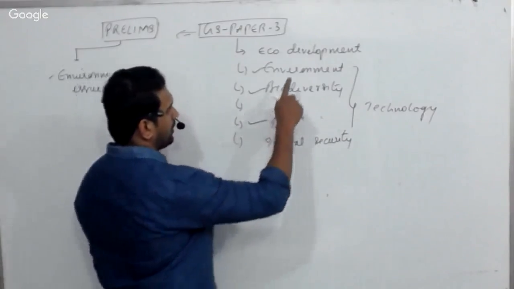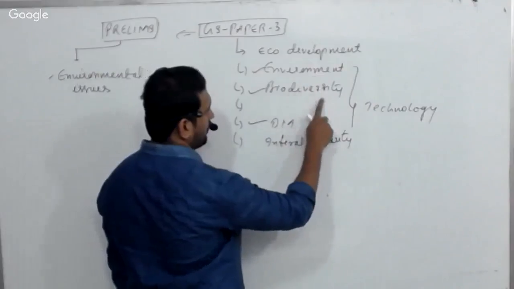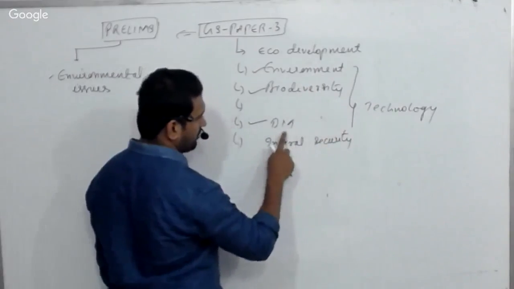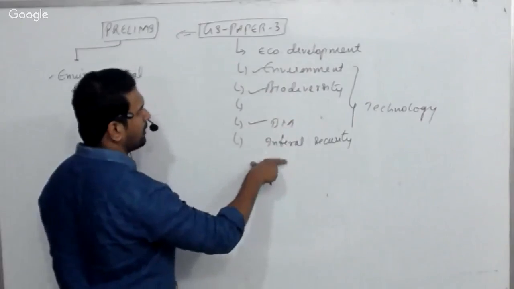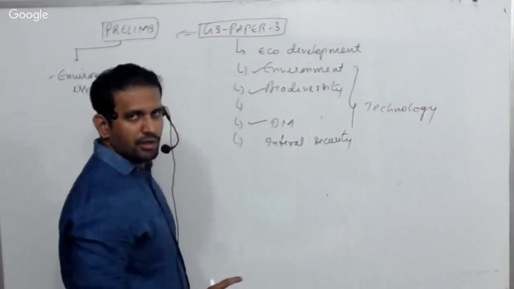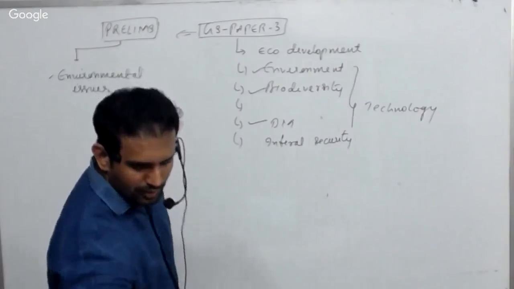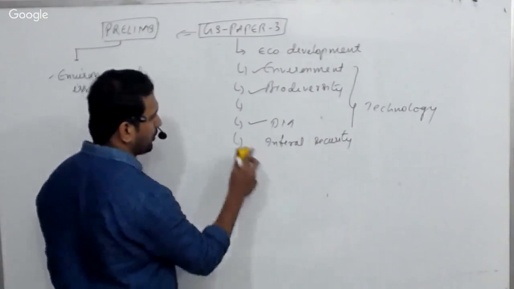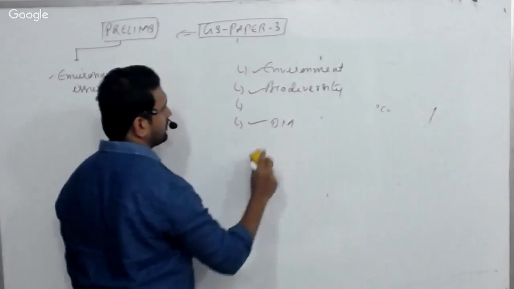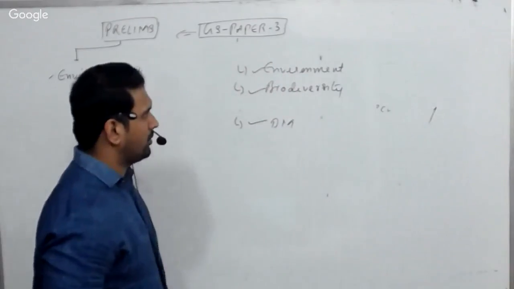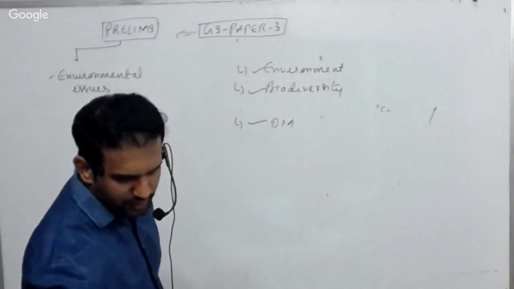Economic development, environment, biodiversity, technology, disaster management and internal security are all parts of GS paper 3. Remember this. In this, I am going to take up these 3 topics: environment, biodiversity and disaster management.